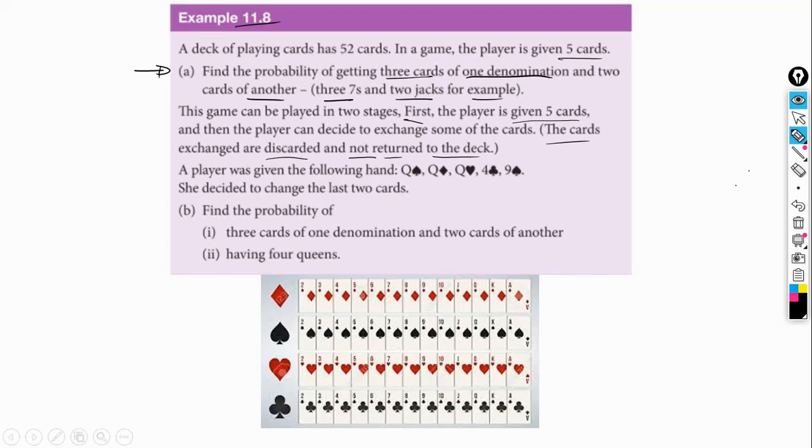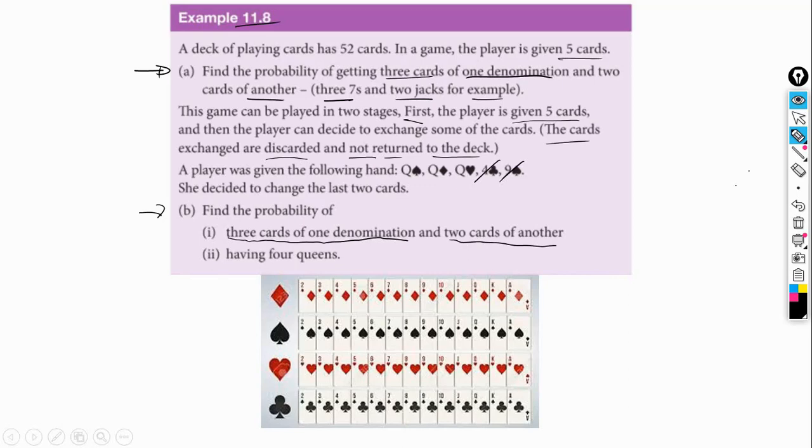So that means that she discards the 4 of Clovers and the 9 of Spades, and she's left with 3 cards. And it says, for part 1, find the probability of 3 cards of one denomination and 2 cards of another. This is similar to the previous problem, but we have to take some things into consideration.